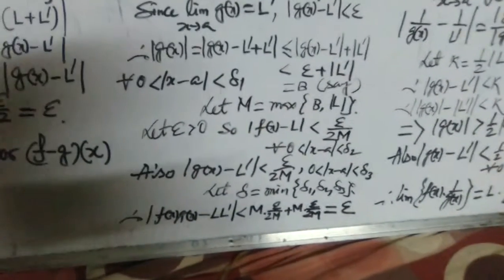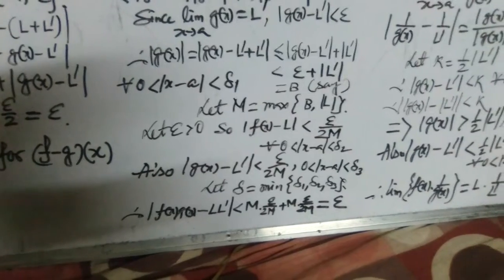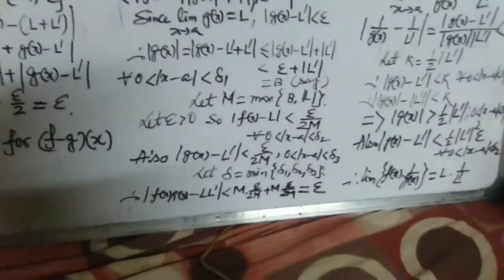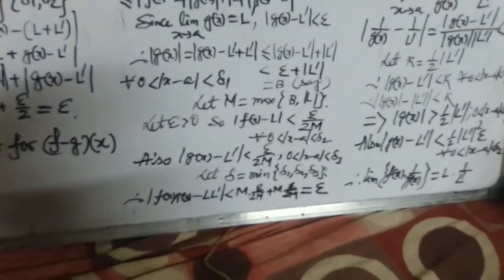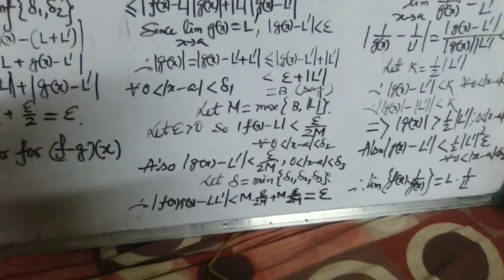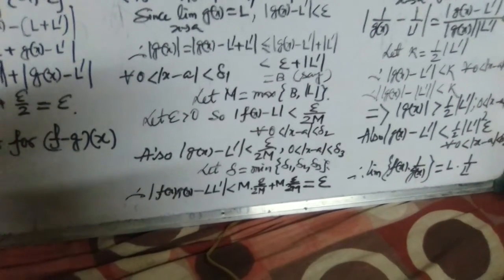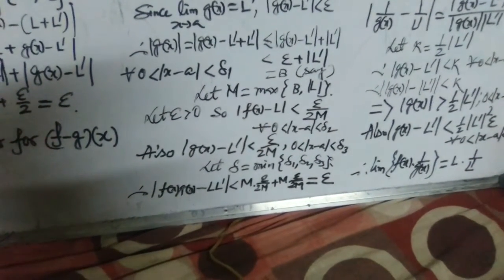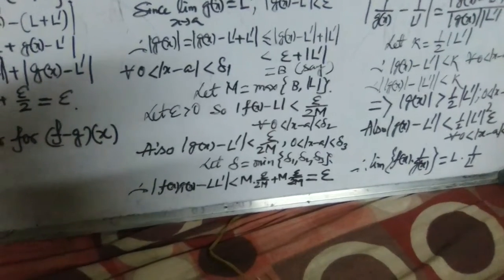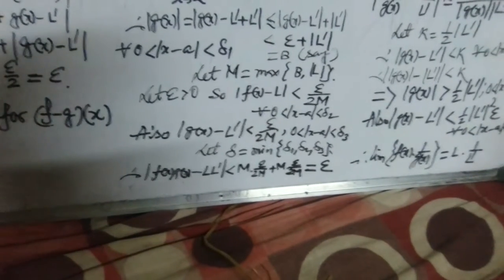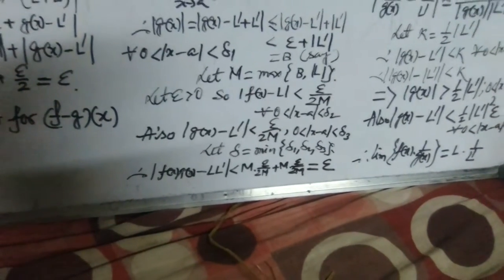Then we can consider capital M as the maximum of b and mod L. Then if we choose epsilon positive, the modulus |f(x) minus L| is less than epsilon by 2M for delta 2, and |g(x) minus L prime| is less than epsilon by 2M for delta 3. Then we can consider delta as the minimum of delta 1, delta 2 and delta 3.